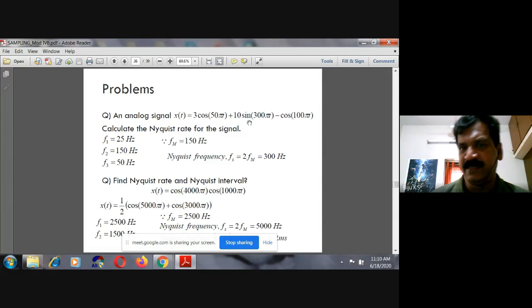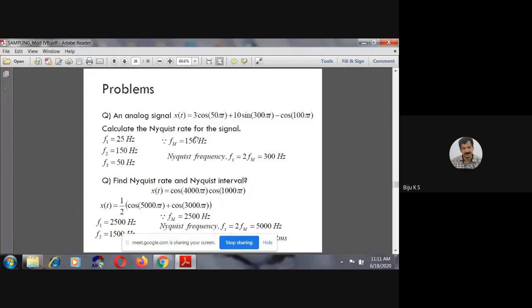Okay. So for the sine 2 pi f t, the frequency will be half of the coefficient. So F2 is 150. 150 means we take this 300 pi t, which is equal to 2 pi f t, so we can replace pi as f equal to half of this one.